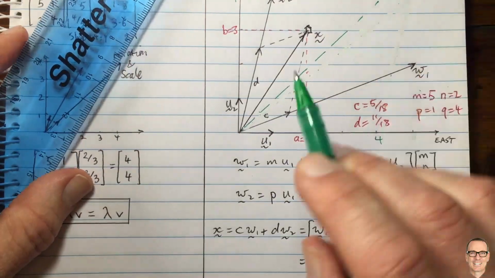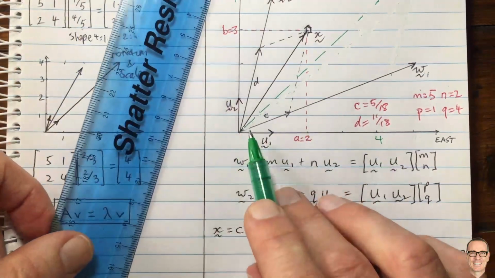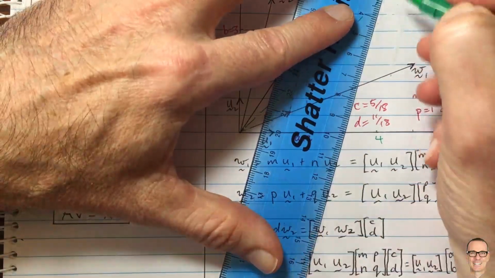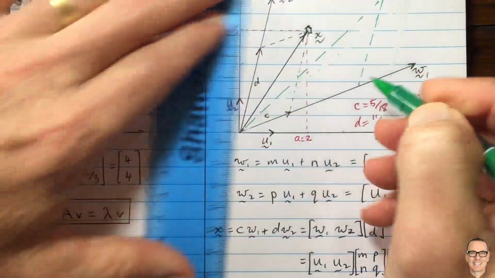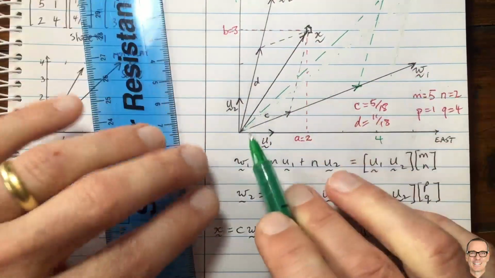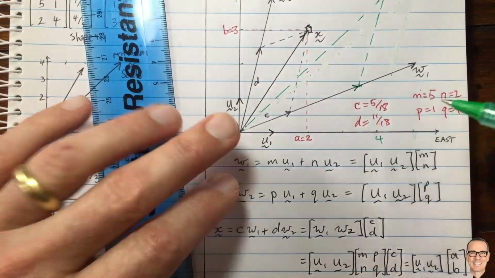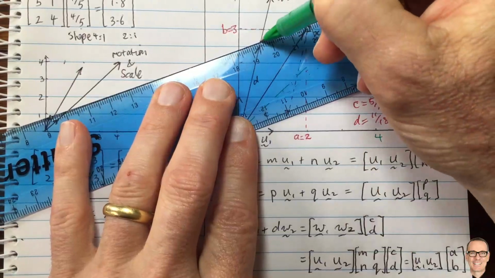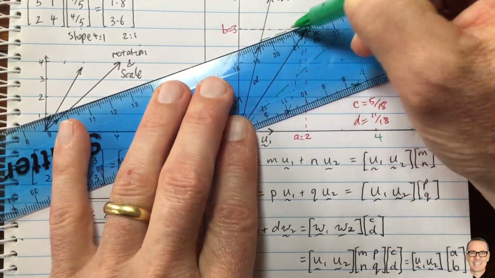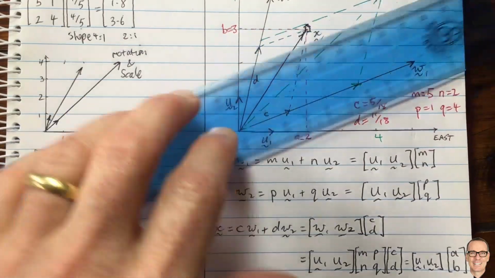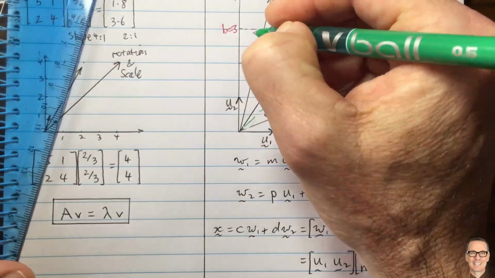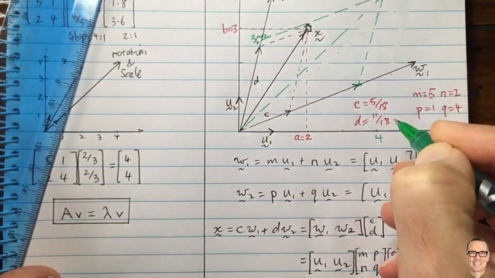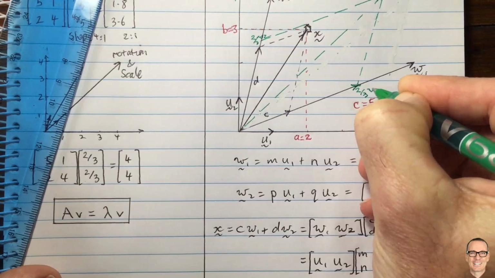So now let's see, why is that the case that it's 2/3 of the way along here? Because if you go parallel to this one here, and you go back from there, then you get to a vector which is 2/3 of the way along W1. And you go again parallel to this one from here, and you'll find that this is a vector which is 2/3 of the way along W2. So this one here is 2/3 of the way along W2, and this is 2/3 of the way along W1.